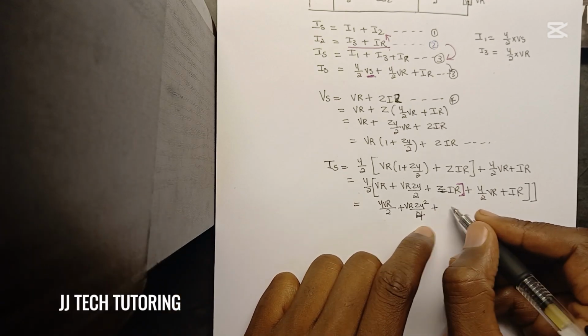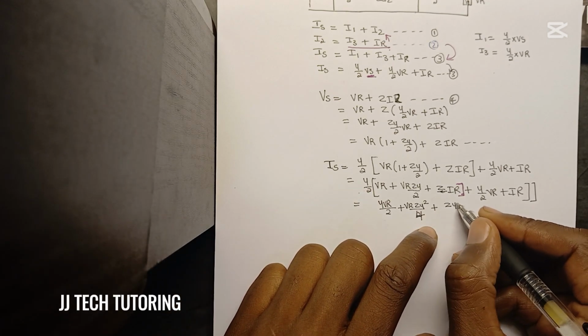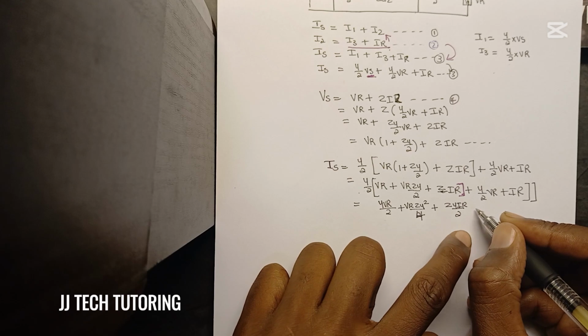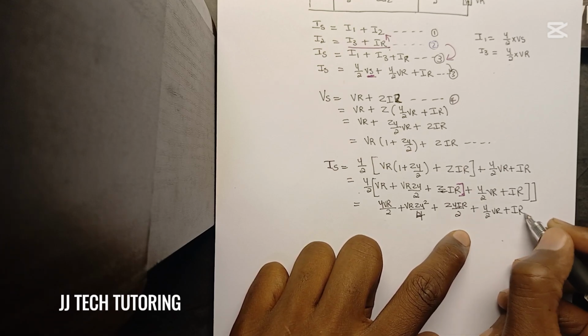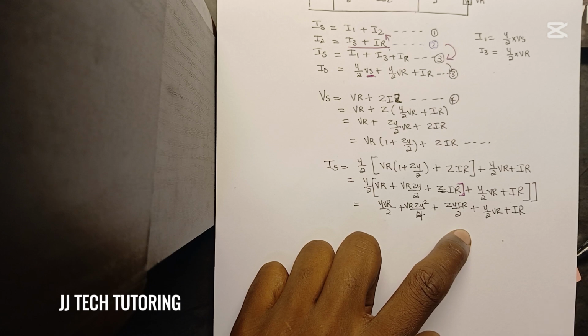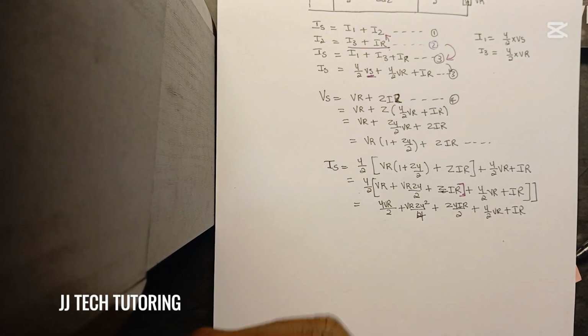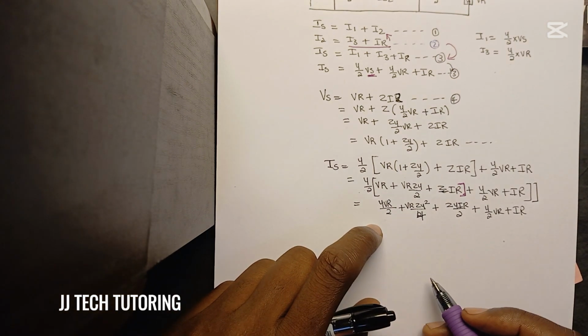Plus ZYIR over 2 plus Y over 2 VR plus IR, plus IR. Now that's it. Now we need to look for like terms.